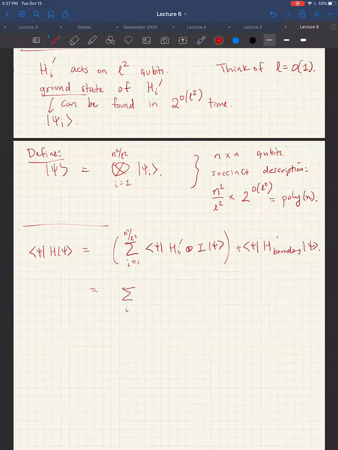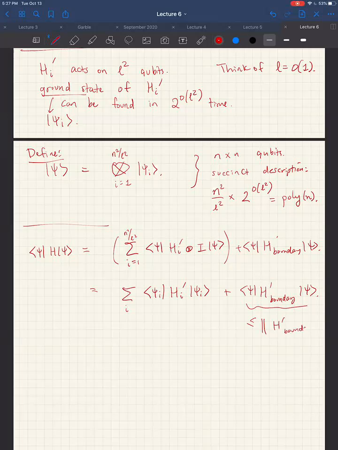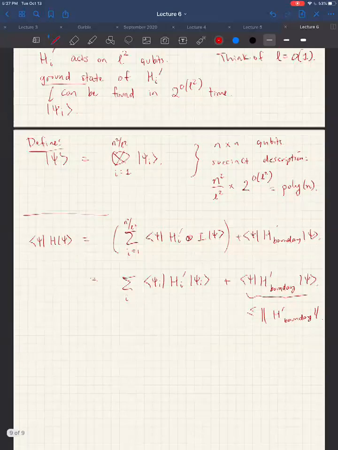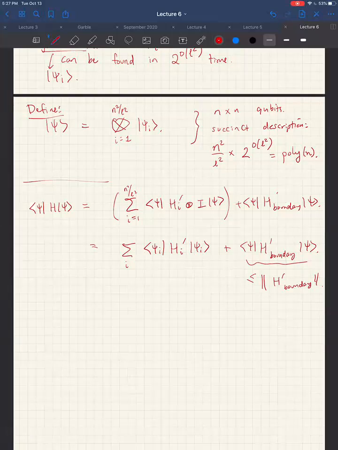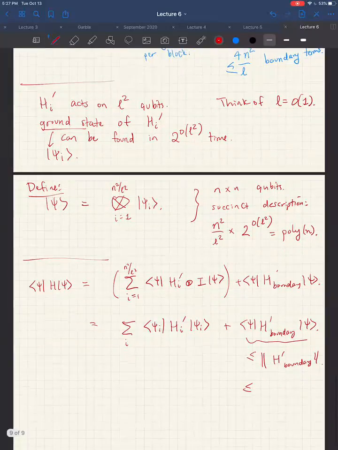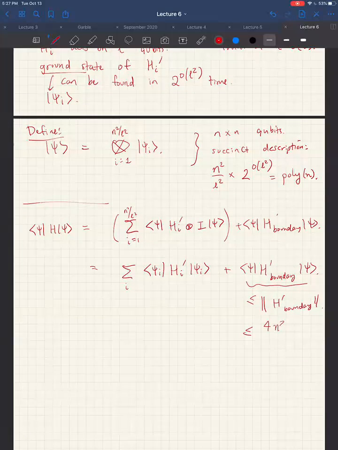So this is just equal to the summation over i of psi i, H i prime, psi i, and then we still have this boundary component. Here, I'm just going to upper bound this by the norm of this Hamiltonian, all these boundary terms. Basically we can upper bound this by counting the number of terms that are present. How many terms are there? Well, that's the number of boundary terms. We've calculated this to be 4n squared over L, some constant times n squared over L.